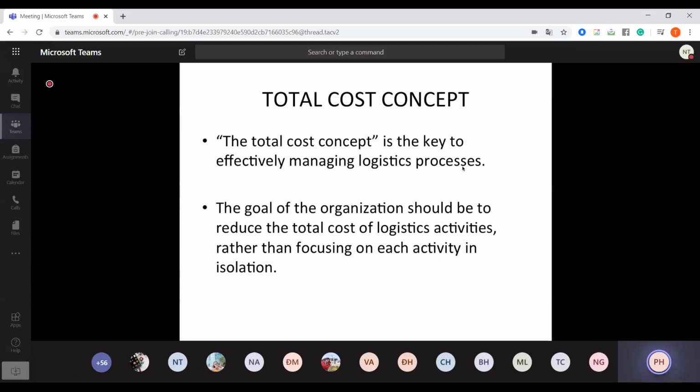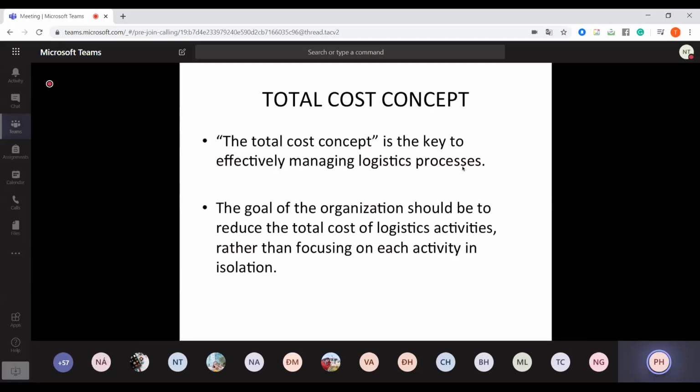So in all countries we should be aware of a very important thing: the goal of the organization or the firm's business should be to reduce the total cost of logistic activities rather than focusing on each activity in isolation.